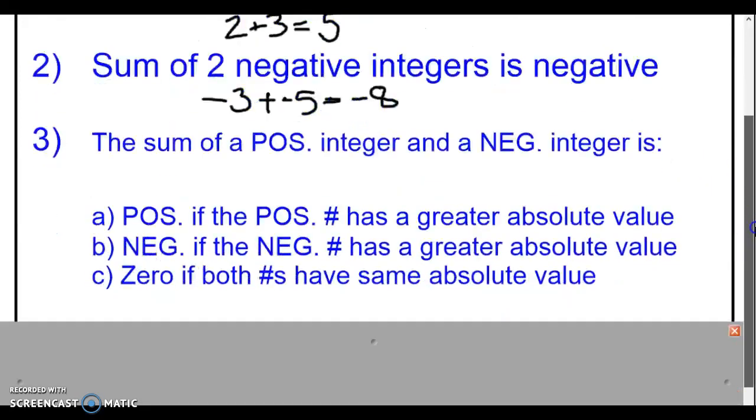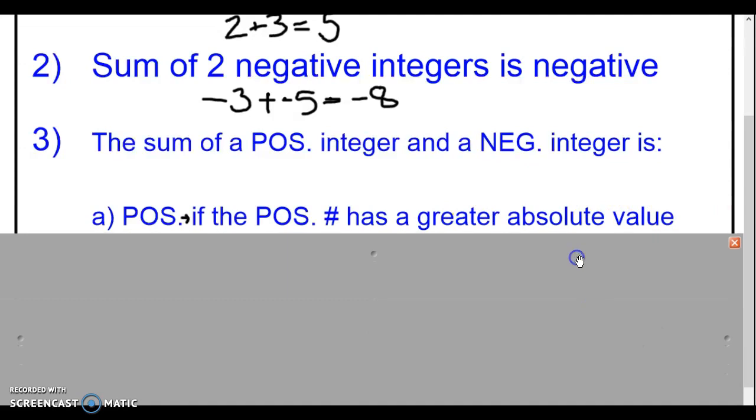Okay, and then this is where it gets a little bit more tricky. The sum of a positive integer and a negative integer is, and there's 3 parts to this. It'll be positive if, so make sure you see that, it's positive if the positive number has a greater absolute value. So an example of this would be, I'm going to put my example right up here before I erase it.